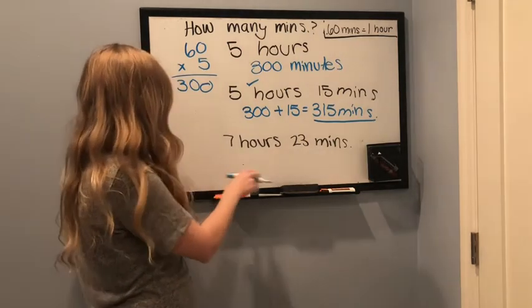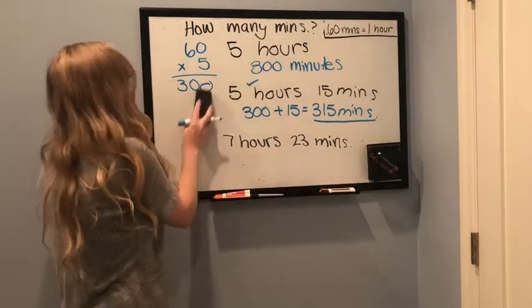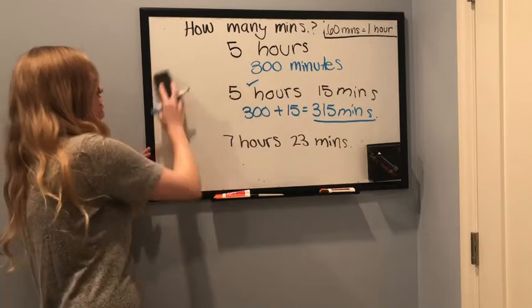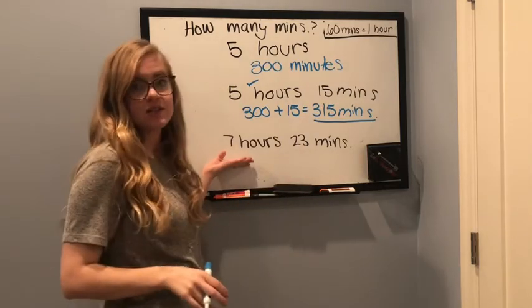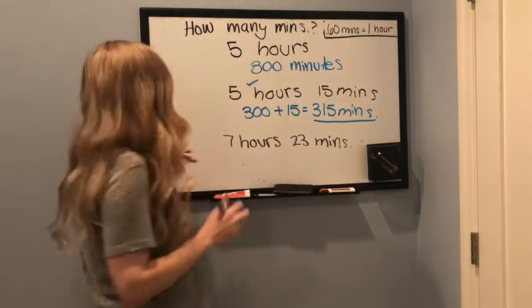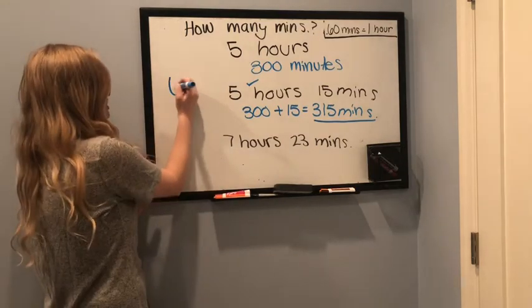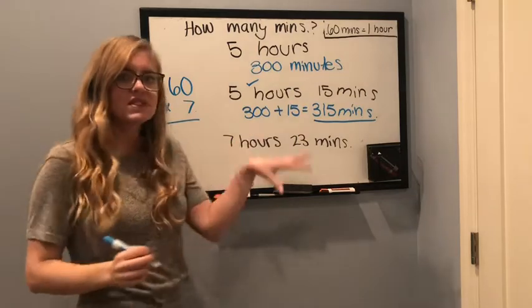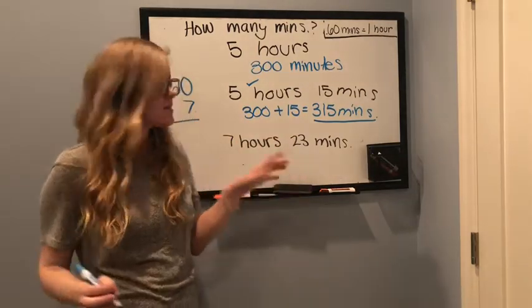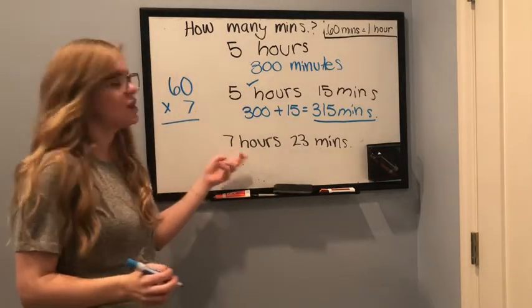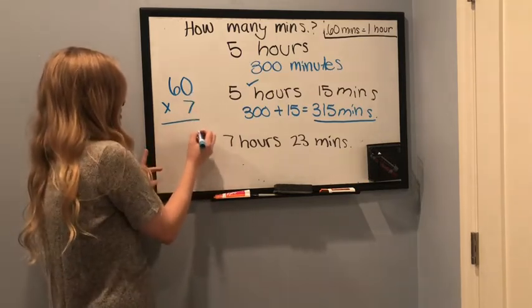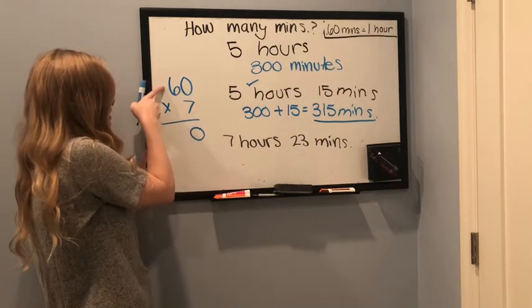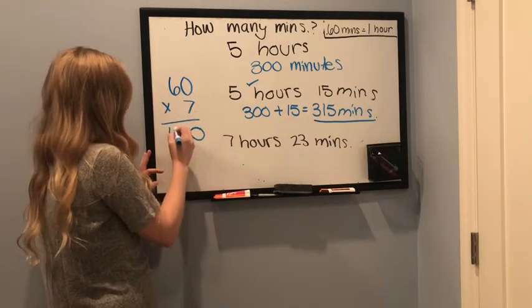Okay, now this one we don't know yet. So we don't know how many minutes are in 7 hours. Okay, but you guys know how to figure that out. 60 times 7. We have 7 groups of 60 minutes, and that's our 7 hours. Okay, so 7 times 0 is 0. 7 times 6 is 42.